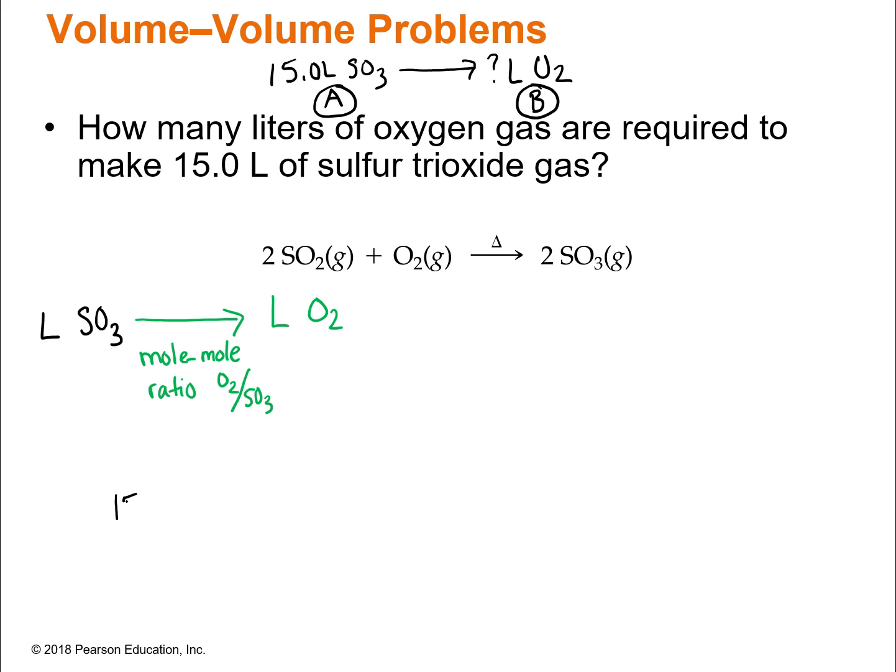We have 15 liters of sulfur trioxide gas. We're trying to figure out how many liters of oxygen gas. What is our ratio?